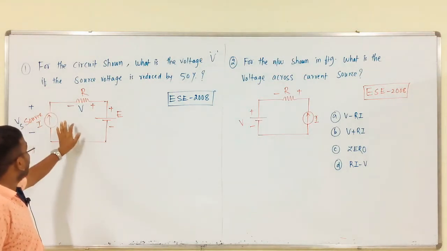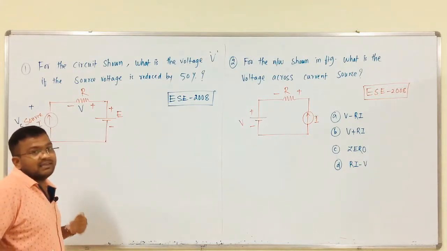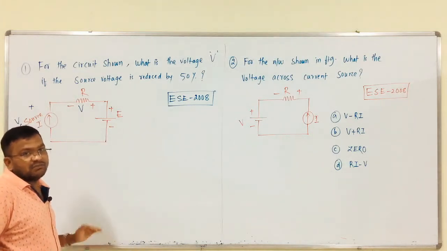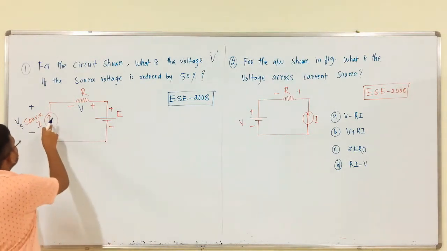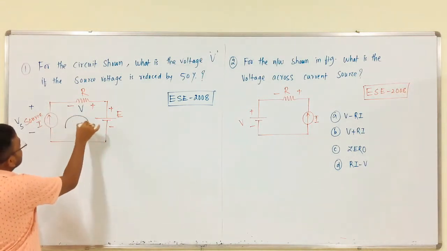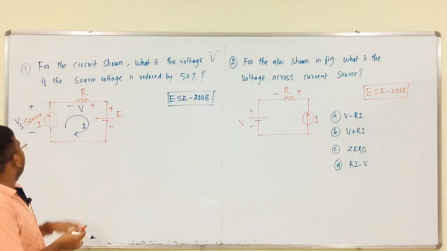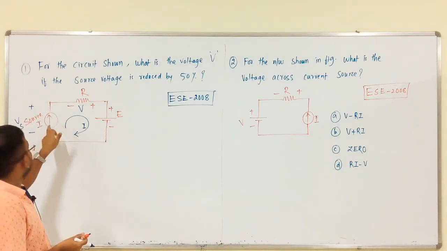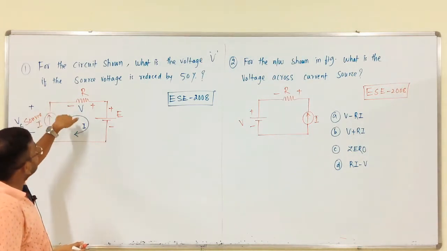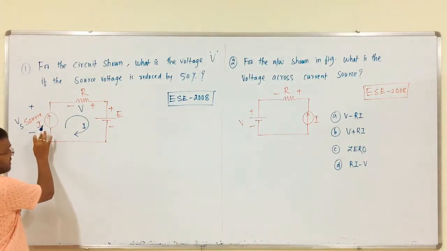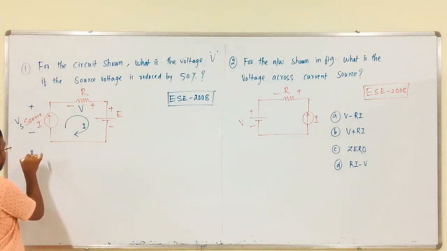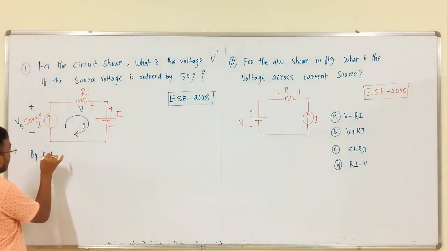Before that, first we have to write the KVL balance equation, voltage balance equation by using KVL. See the current direction here, it is clockwise direction, from down to up. With respect to this, we have to write KVL.